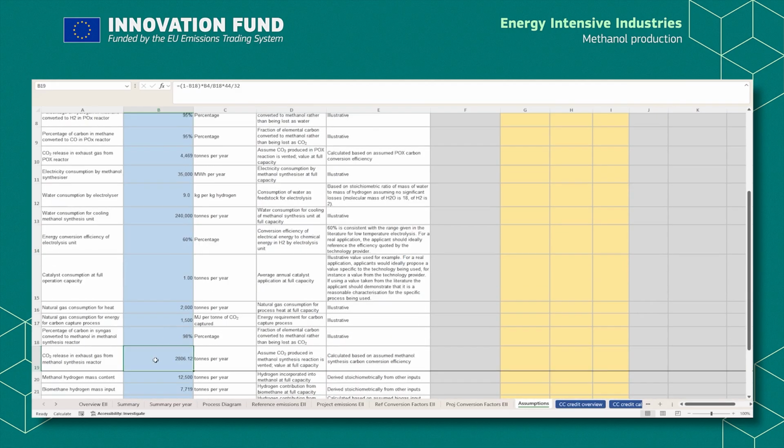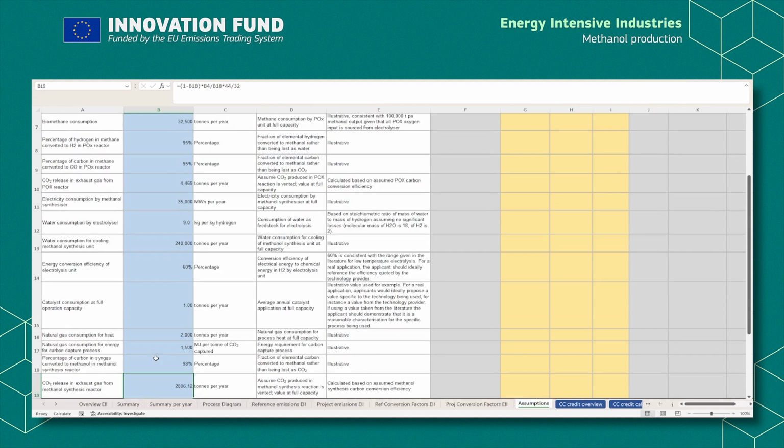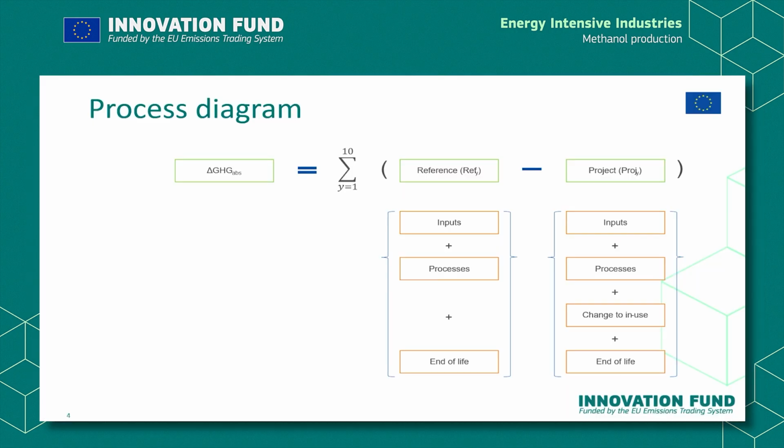Having entered our assumptions, let's take a moment to remind ourselves of the equation to calculate GHG emissions reductions. The GHG calculator implements the calculation shown schematically here. By filling in the calculator, we are going to calculate the difference between the emissions that would occur from 10 years of methanol production under the reference scenario, as seen on the left.